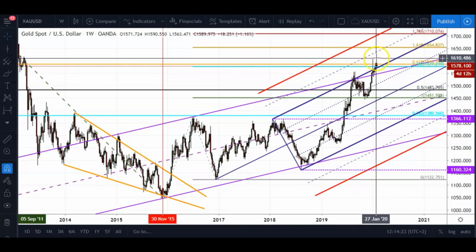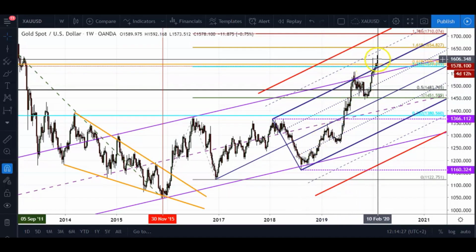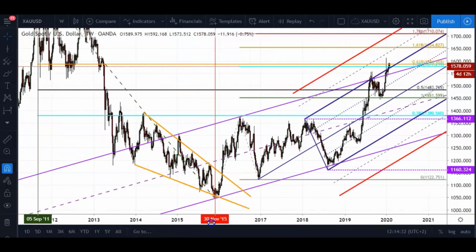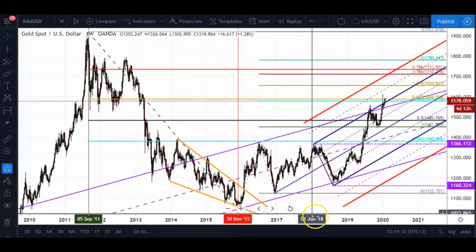This is why I'm saying we're probably moving up here into a third wave completion, followed by a fourth wave down before we get another big move higher, which could eventually extend above these previous all-time highs.